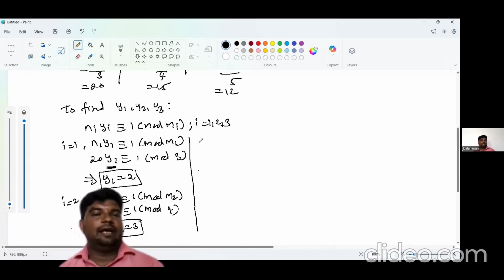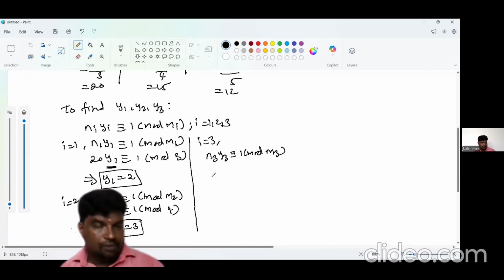So next we take i equal to 3. N3 y3 congruent to 1 mod m3. N3 is 12 and m3 is 5.